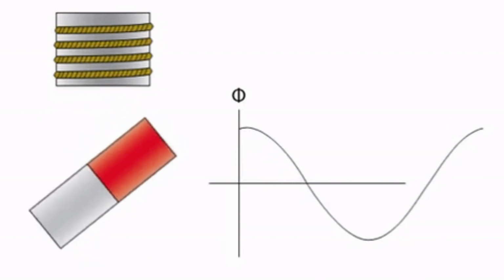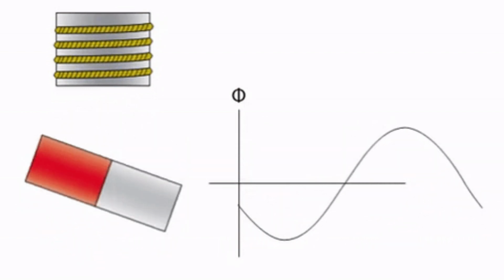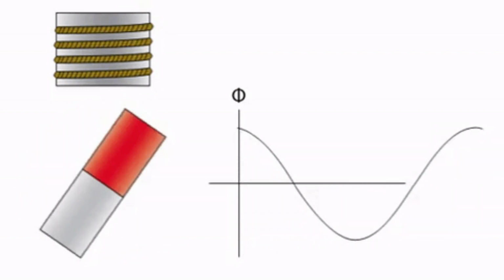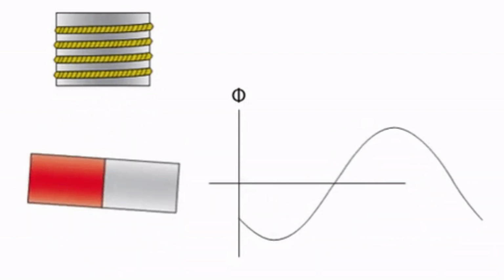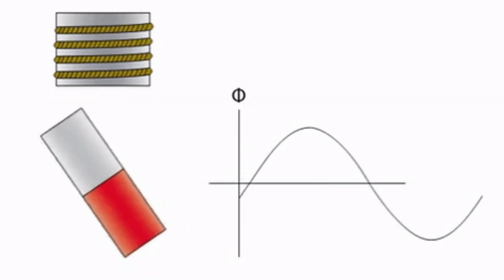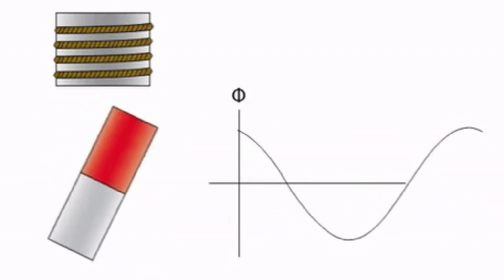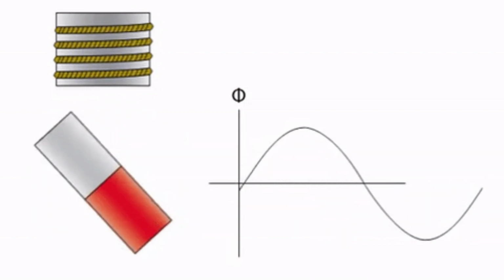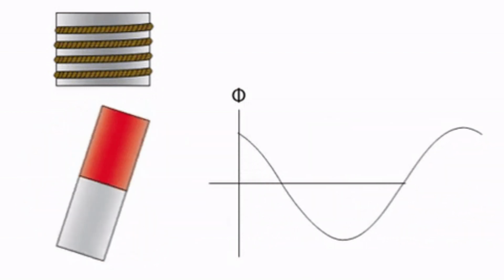The additive effect forms regions in the molecular structure of the metal called magnetic domains or magnetic molecules. These magnetic domains act like permanent magnets.